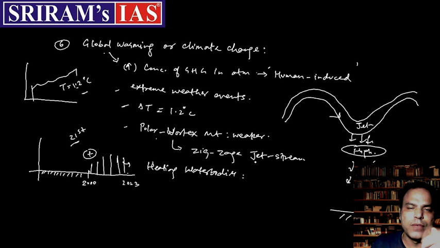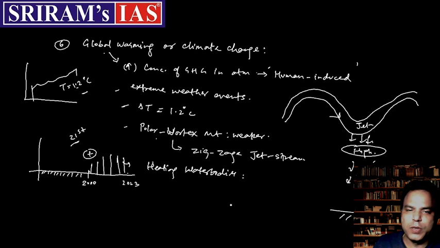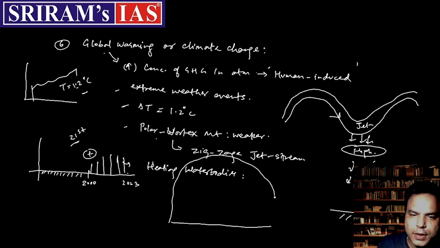More meandering means the warmer air from the tropics will start entering into the higher latitudes. So heat waves are not confined to the tropical geography; they enter into the mid latitudes and higher latitudes. You can see in this diagram which I am drawing here for you. Suppose this is a globe. Okay, this is a globe.